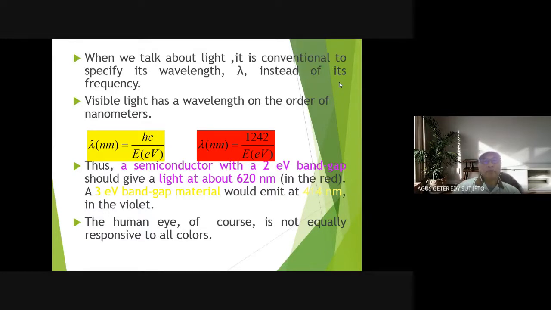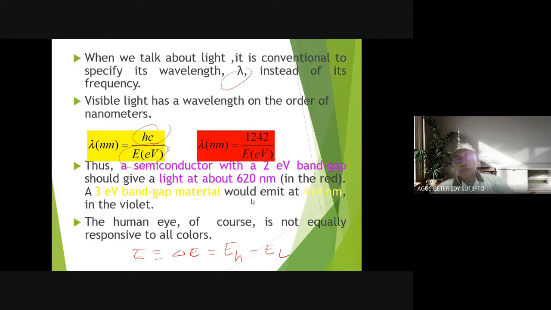Since light has the characteristic of wavelength, the wavelength of the light depends on the ratio between the Planck constant times the speed of light to the delta E, meaning the energy high minus the energy low. The Planck constant and the speed of light are constants.